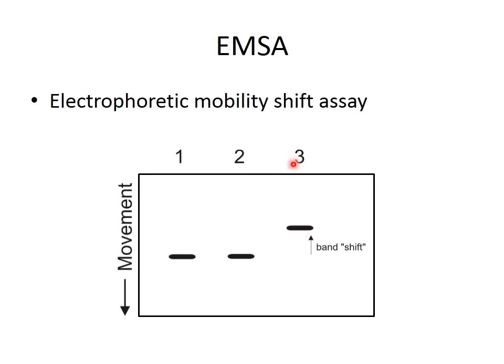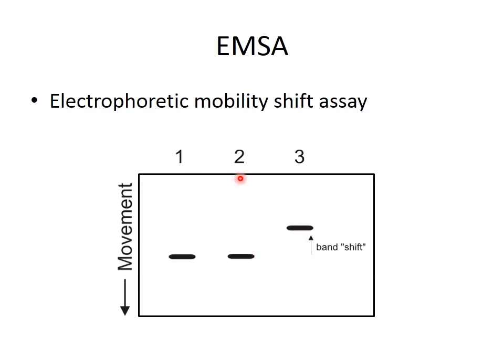So if let us say a protein is added which binds to DNA, the protein forms a stable complex with DNA and hence as compared to this one, the rate of migration becomes less, so the mobility of DNA is changed. So the position of the band is shifted.